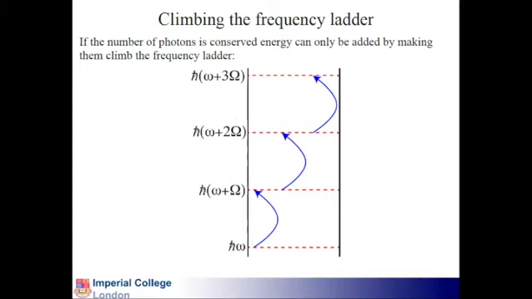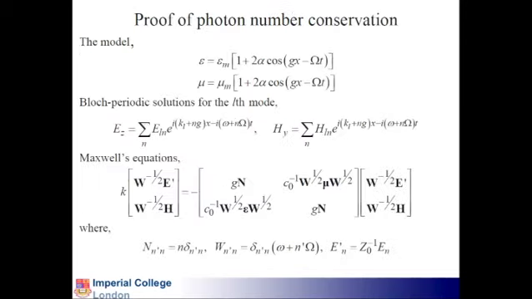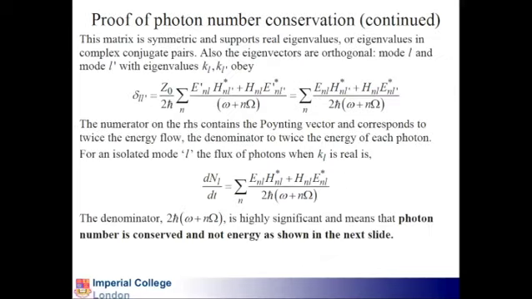Well, you start with a finite number of photons, and the only way you can put energy into the system is to have them climb this ladder of frequencies here. And as they do so, they get hot, of course. So that is the way that energy is entered into the system. Now, I won't go into great detail about photon number conservation, but you can show from Maxwell's equations that there is a conservation law for photons.